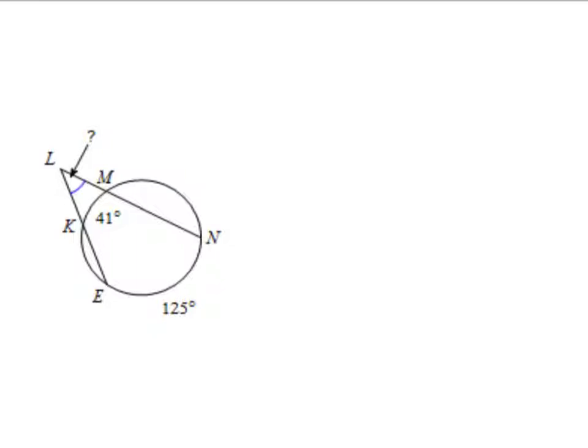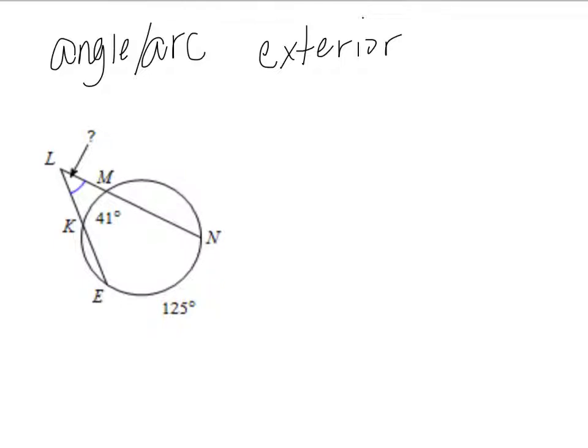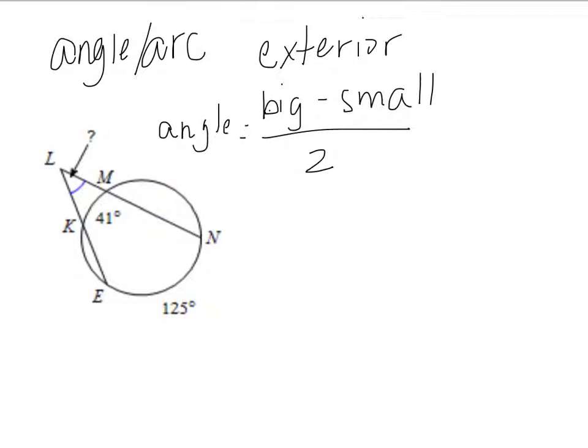And here is another, it's an angle and arc problem. It's not segments, it's angles and arcs. And this is an exterior angle. Our formula for exterior angles is big arc minus small arc, divided by 2, equals the angle. So the angle is what we don't know.